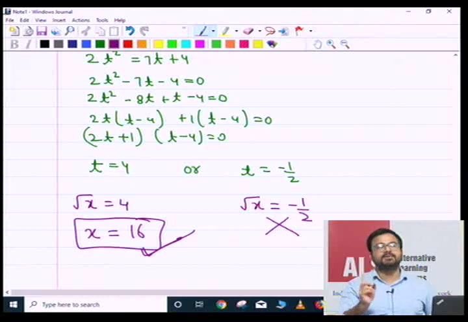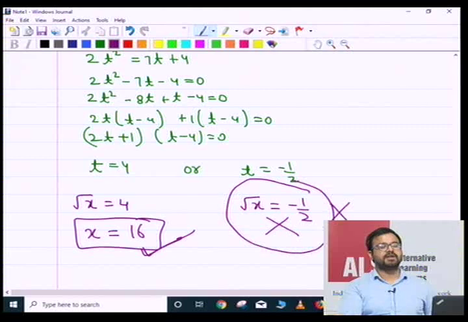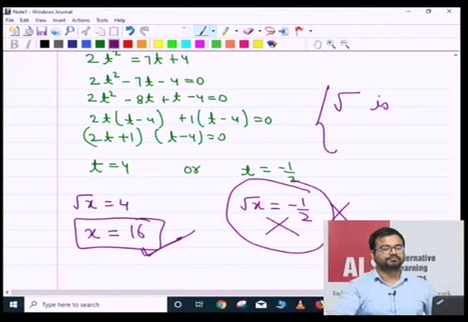Output of root can't be negative. So 16 is the right answer, but not 1 by 4. This will not be valid because root is a positive quantity. Square root will give you only a positive answer, not a negative one.